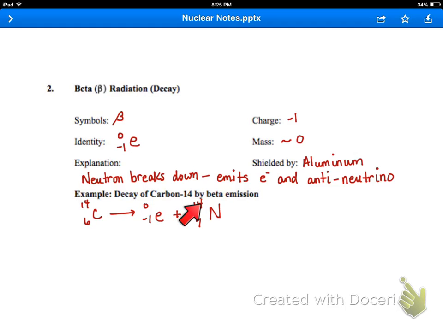It's still going to be 14. But the bottom number has a -1, so the -1 is on the same side as our final number, which has to be 7, because 7 minus 1 is 6. Okay, and then because the bottom number is 7, we look that up on the periodic table, and that is nitrogen, which is N.